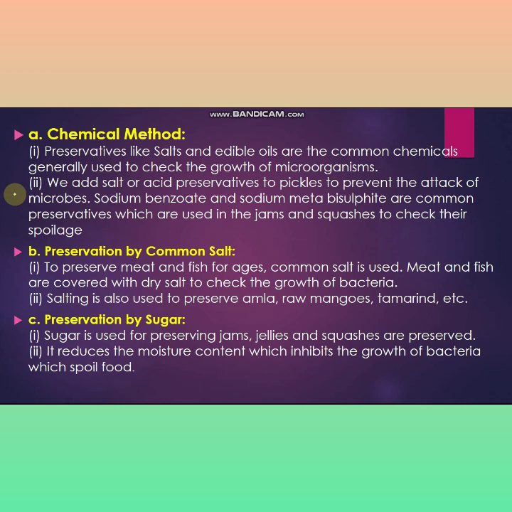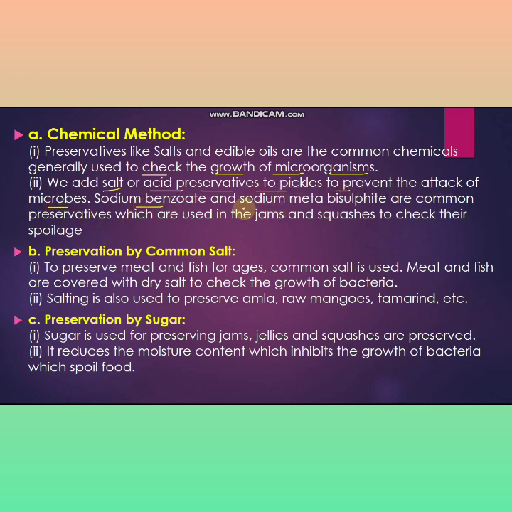First is the chemical method. Preservatives like salt and edible oil are common chemicals generally used to check the growth of microorganisms. We add salt or acid preservative to pickles to prevent the attack of microbes.